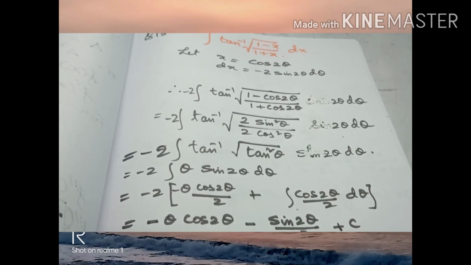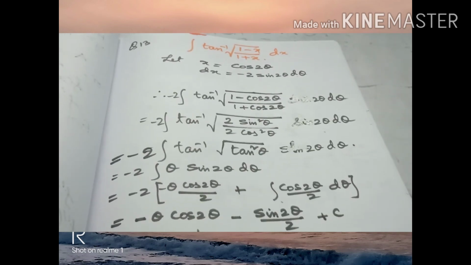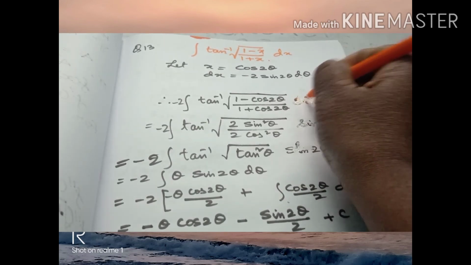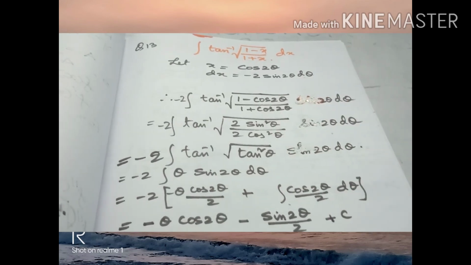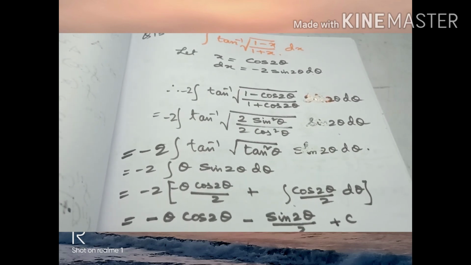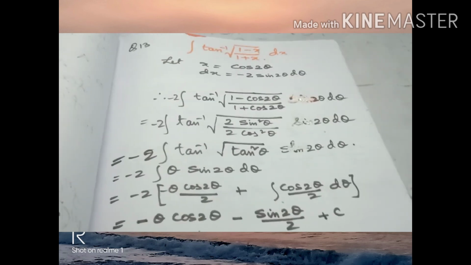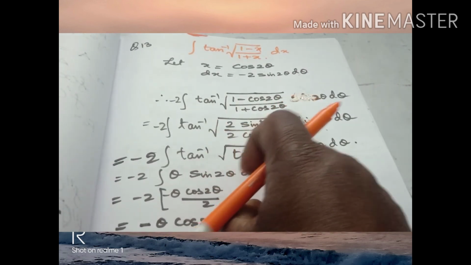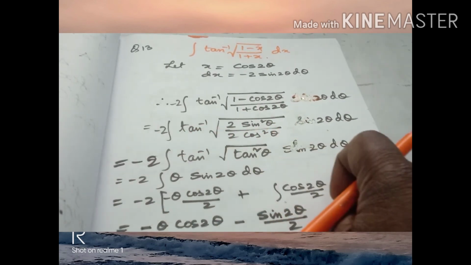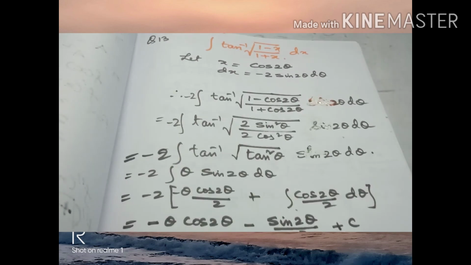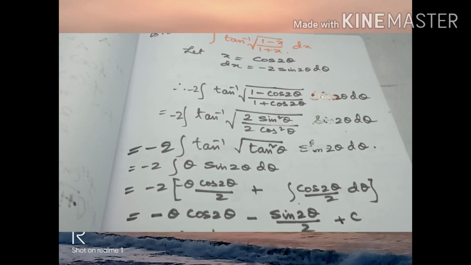After finding the derivative, it is minus 2 sin 2 theta d theta, and here 1 minus cos 2 theta is 2 sin square theta and 1 plus cos 2 theta is 2 cos square theta, and then finally substituting and simplifying we get theta sin 2 theta d theta.